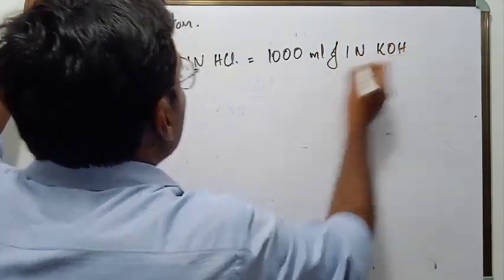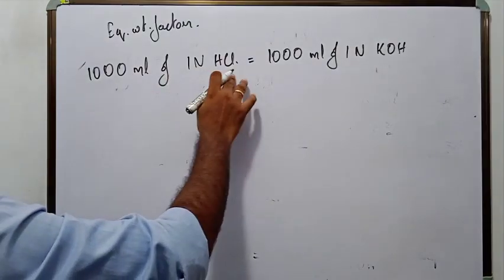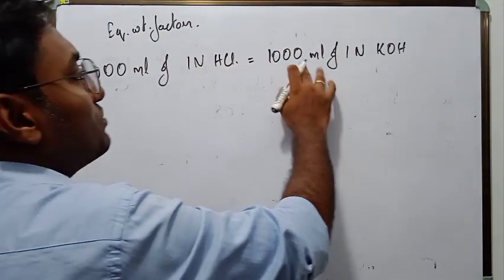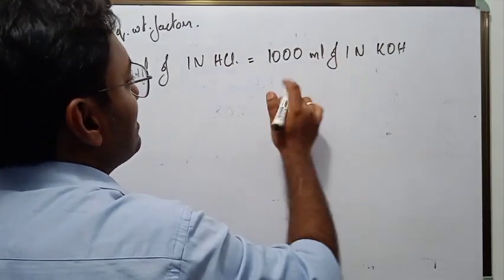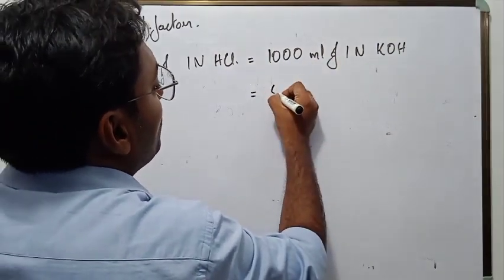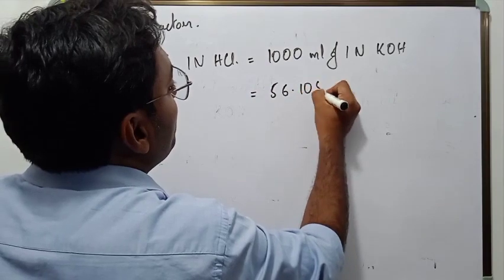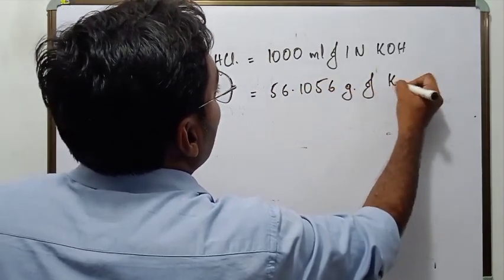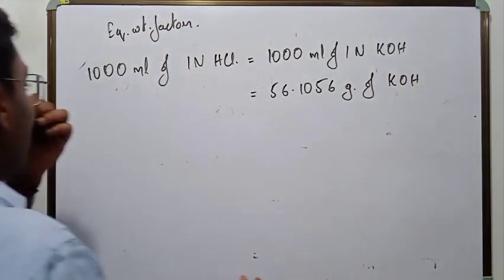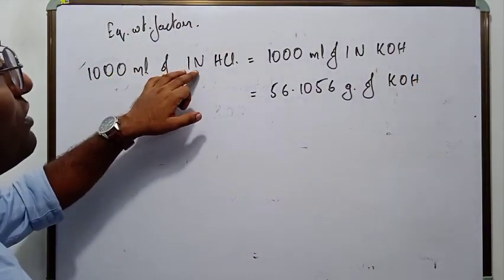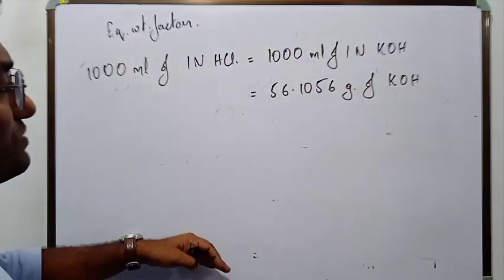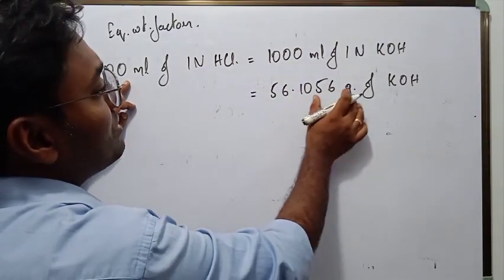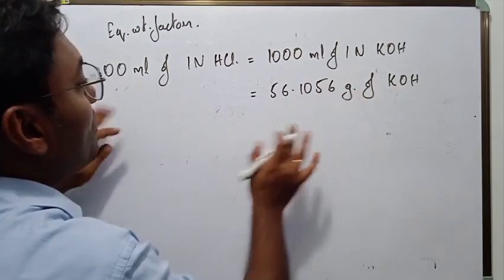That is, if 1000 ml of one normal HCl is used, it can consume 56.1056 grams of KOH in the round bottom flask.